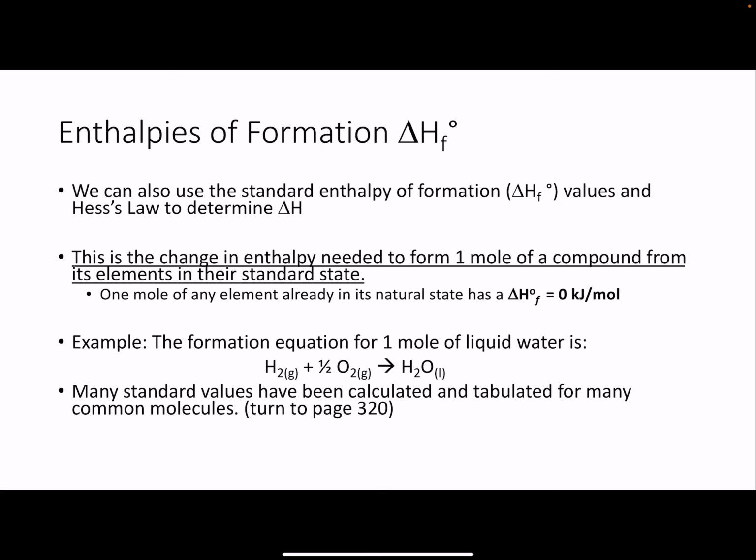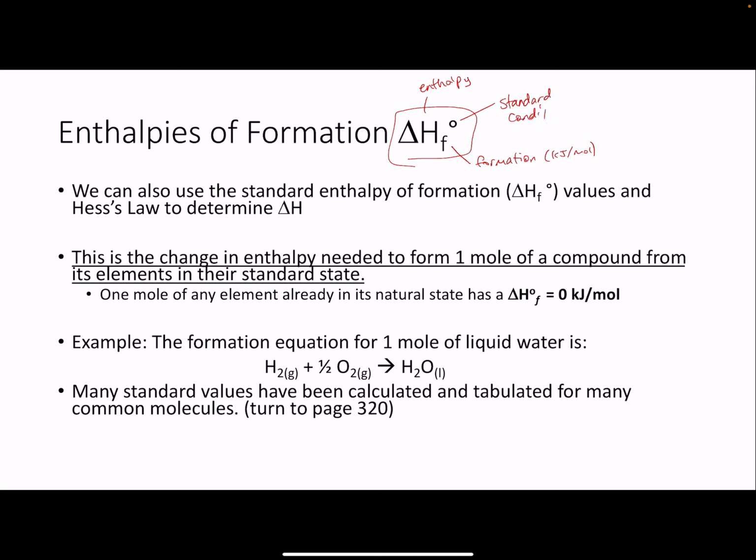So we're going to use a property called enthalpies of formation. So there's a couple of things here. Number one, delta H represents enthalpy. The F represents formation, and because it's a reaction, that means it's going to be in kilojoules per mole. And then lastly, the little degree sign here means standard conditions.